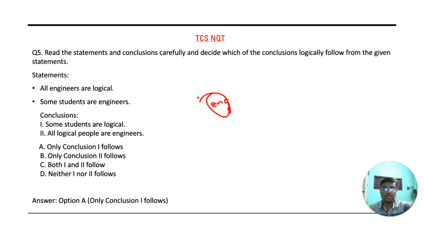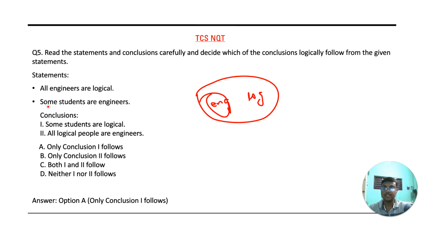All engineers are logical. So engineers would come under a bigger circle of logical. I made the drawing like this because it says all engineers are logical and not the vice versa. That is, all logical persons are engineers, and hence we can't do that. That's why I have taken engineer circle as smaller and the logical circle as bigger.